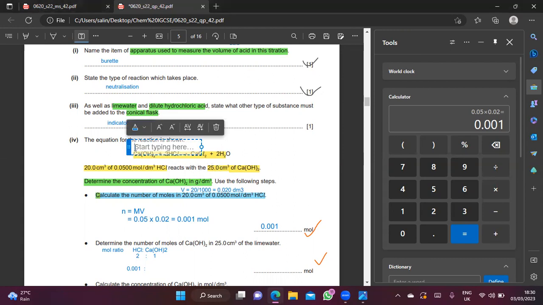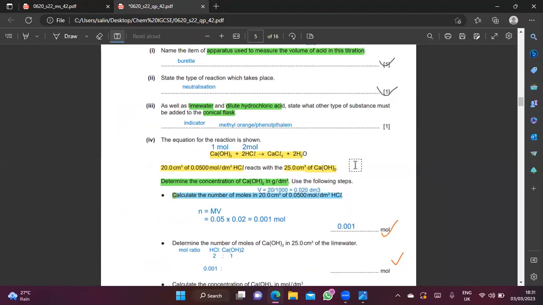Okay, we have to use mole ratio here. So this one is 1 mole. This one, how many mole can you see? 2 mole. How do you know? Look at the number in front of the compound or in front of the acid. So that's why I said previously, a chemical equation, the symbol equation, is like a recipe, a recipe for chemical reaction.